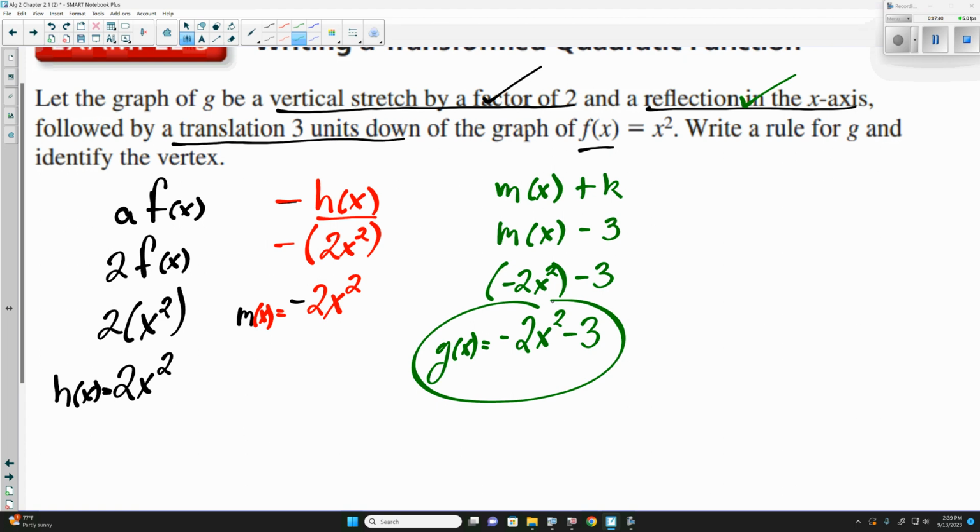Now, the next part we're looking at is the vertex, h comma k. And this is going off of our a times x minus h squared plus k.